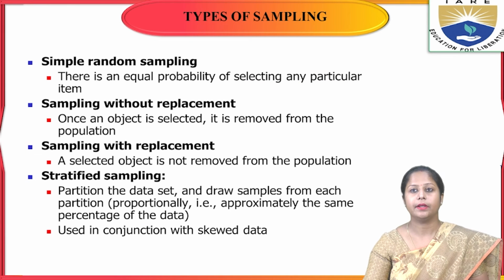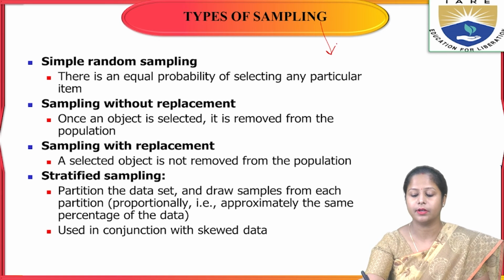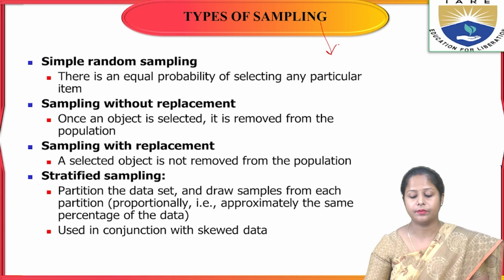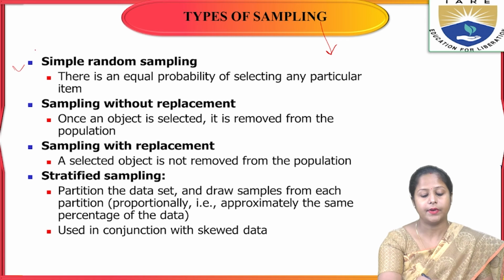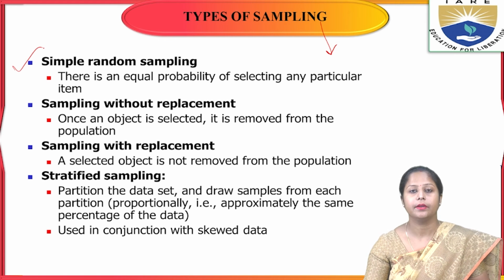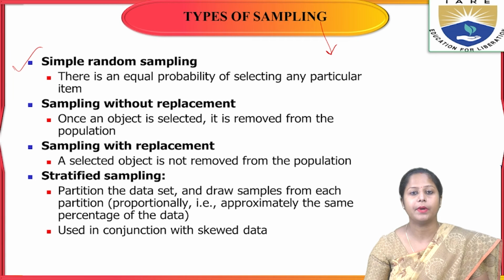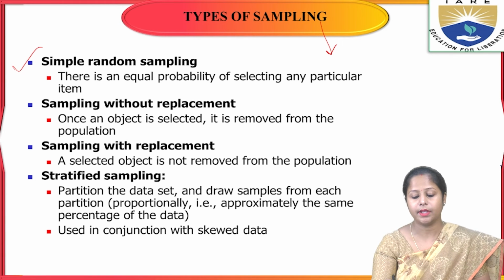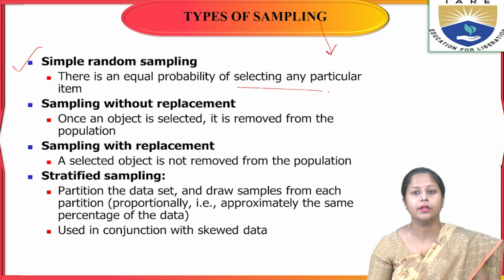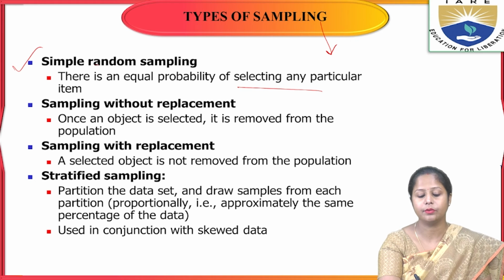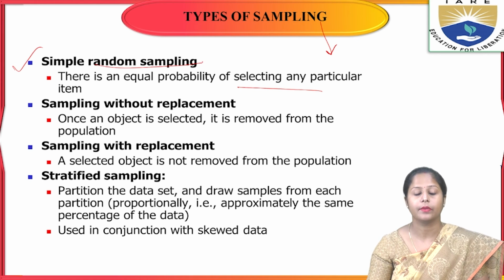Next, sampling and types of sampling. Sampling is also a non-parametric method. First is simple random sampling: there is an equal probability of selecting any particular item, so we use random sampling.